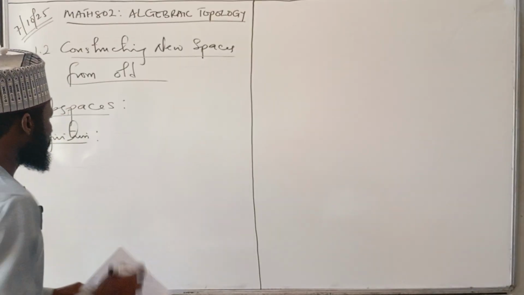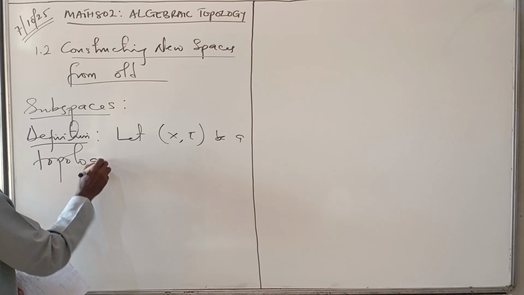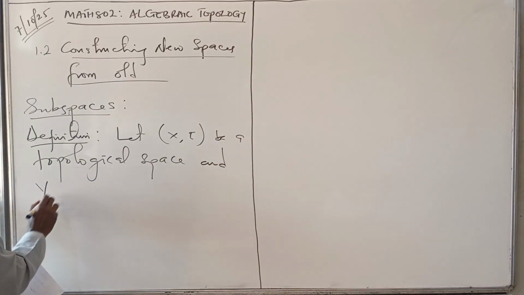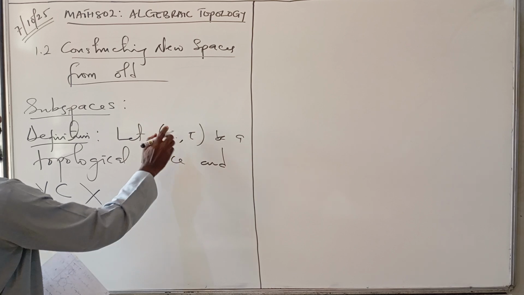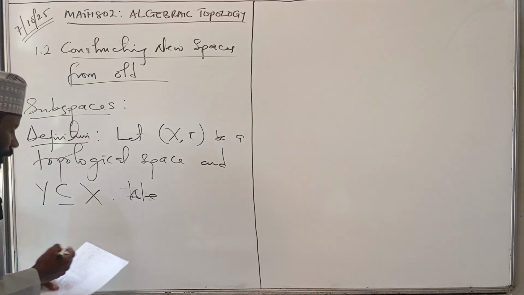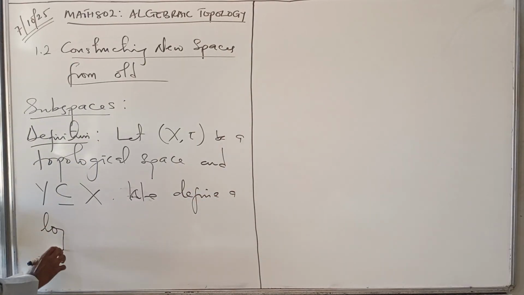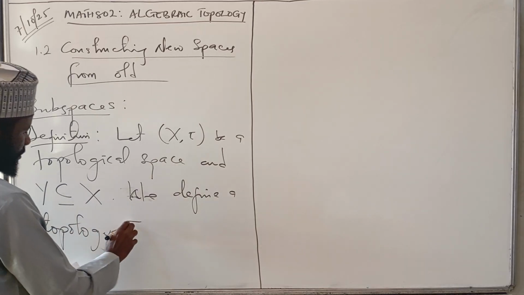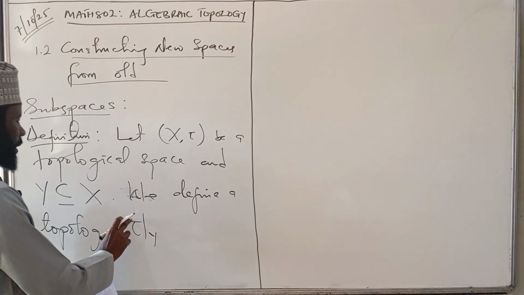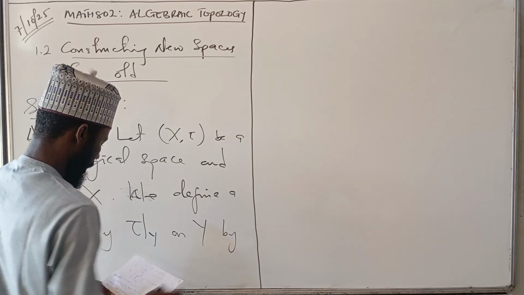If you have a topological space X, and you identify a subset Y of the underlying set of X, then we will define a new topology on Y. This topology will be written as tau_Y, or tau restricted to Y. It's like you are restricting the existing topology to Y.